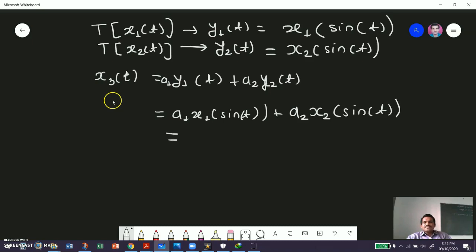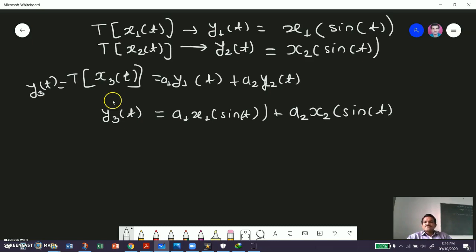So this is your y3 of t. You can use any nomenclature.